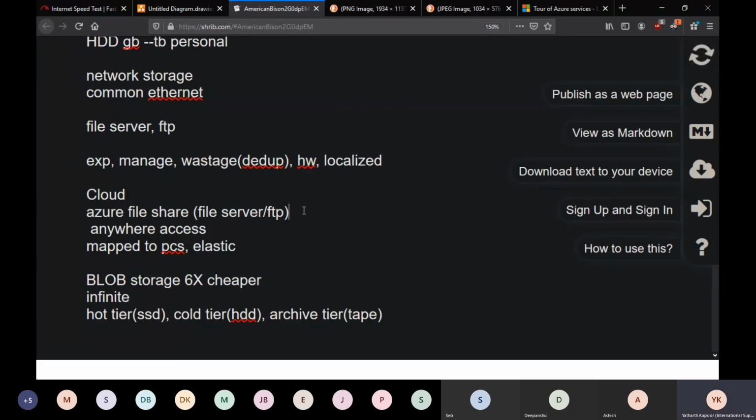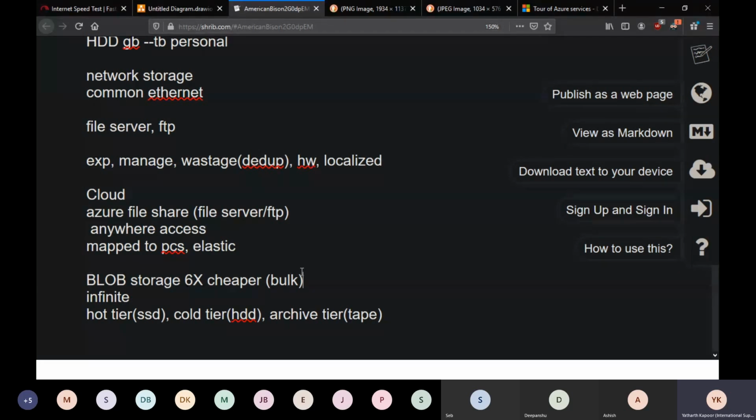When you are pitching file share, you will look for file server or FTP. But when you're pitching blob, you will look for people looking for bulk storage. If they are not looking for bulk storage and still go to blob storage, it's so inexpensive, so cheap, that it's going to be almost zero revenue.